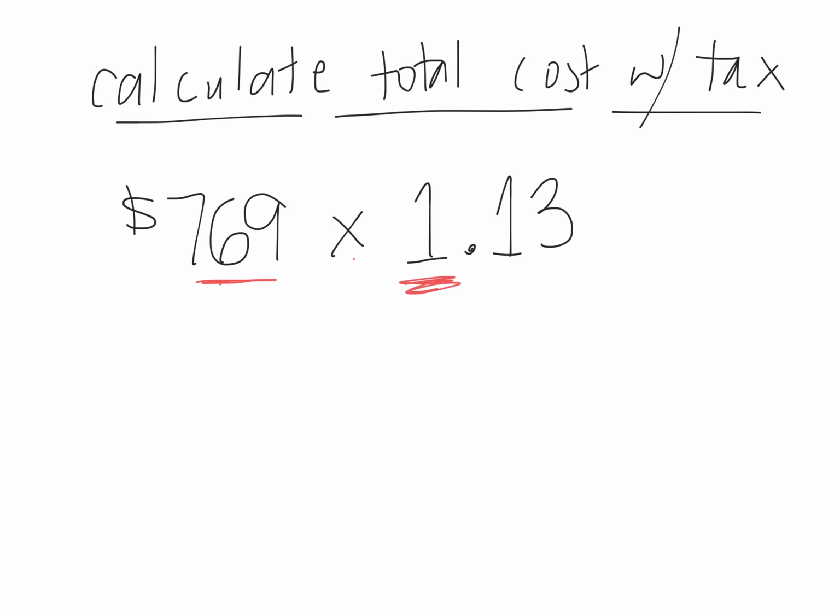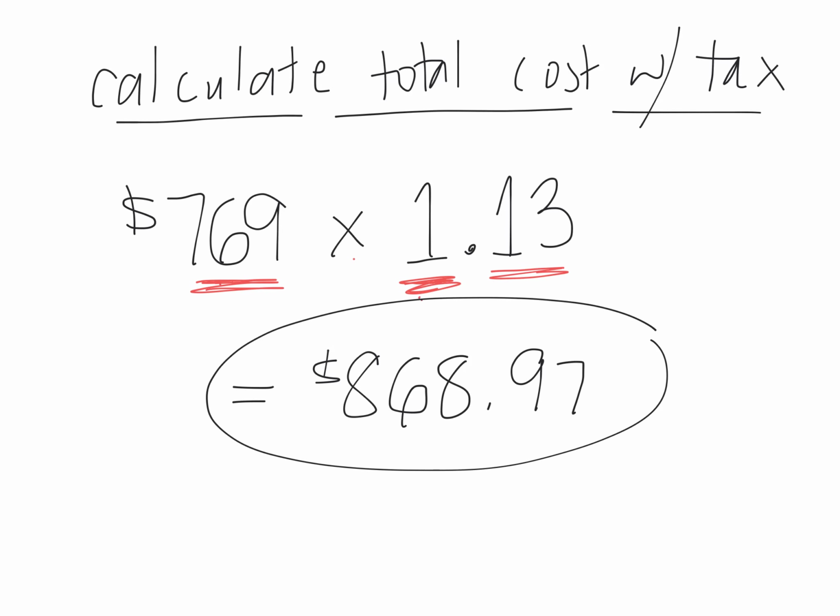I'm including the original price and the tax. This is going to be all in one step. If we punch 769 times 1.13 into the calculator, we get the same answer we just got, which was $868.97.